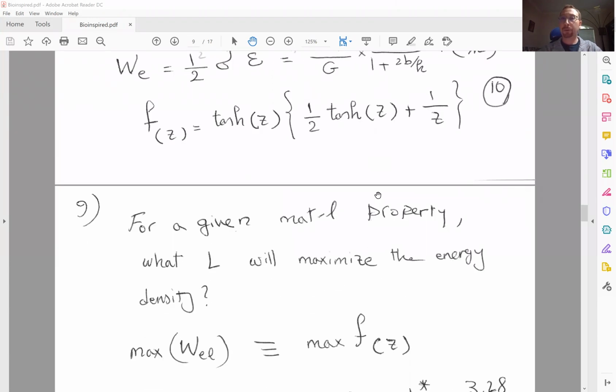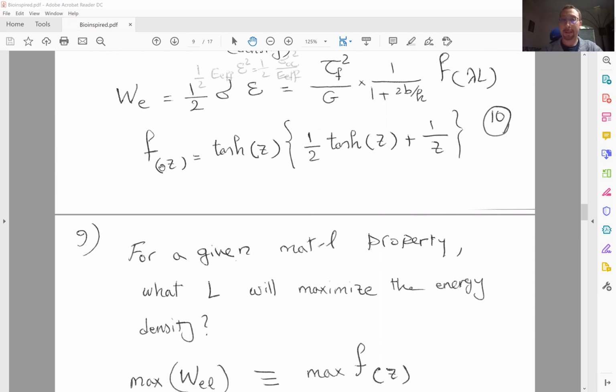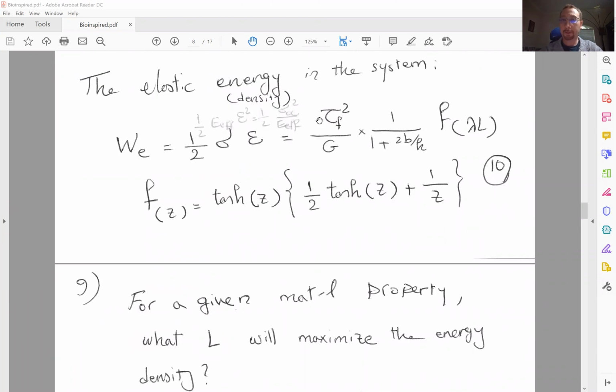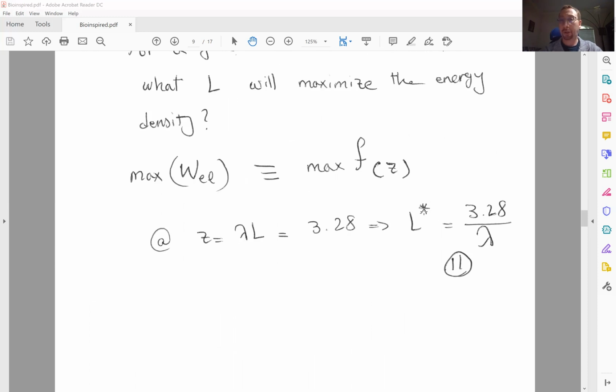Now this f of lambda L is a function of L. So it begs the question, at what L will the elastic energy density be maximum? Let's just pose this question, and later on I'll compare it with data. What L will maximize energy? If you go back to this, the first part of the equation doesn't have L. So F has to be maximized. So basically calculate the derivative of this guy and set it equal to 0.